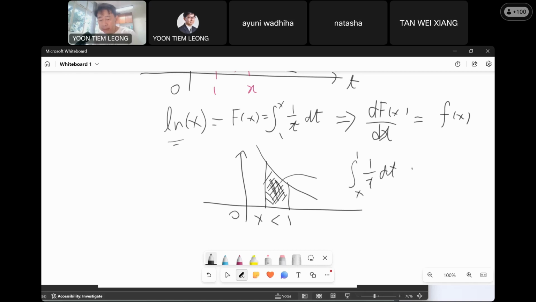Because x in this case is less than 1, the area of this function must be integrated from x to 1. Then we call this the area, and the area is a number which is positive. So what I'm trying to say is that the integral of the function 1 over t from x to 1 is positive if x is less than 1.